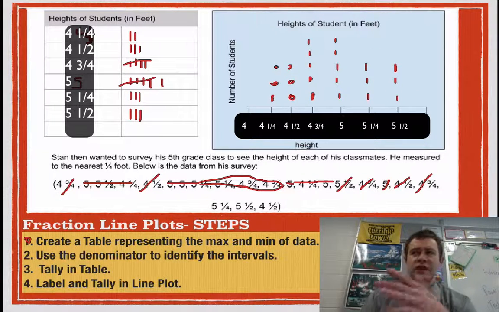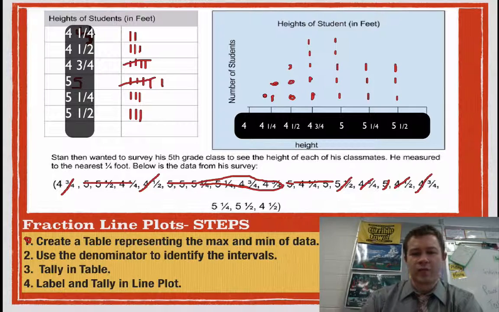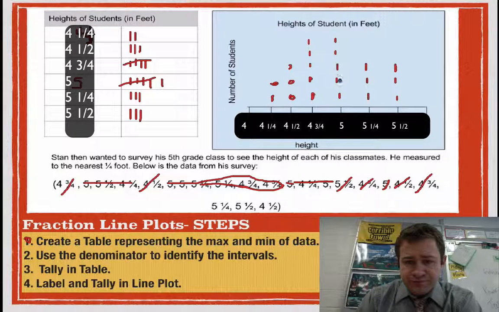Okay, so now that I have everything lined up and I have all my information here, what I can look at now is, okay, where do we see the most students? We see the most students between 4.75 and 5. So our median or middle would be somewhere around there. Our median, our 3, 4, 5. I should have 6.